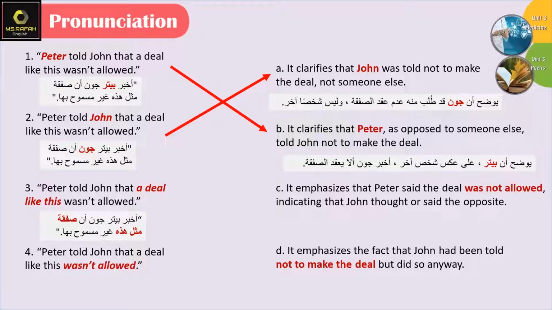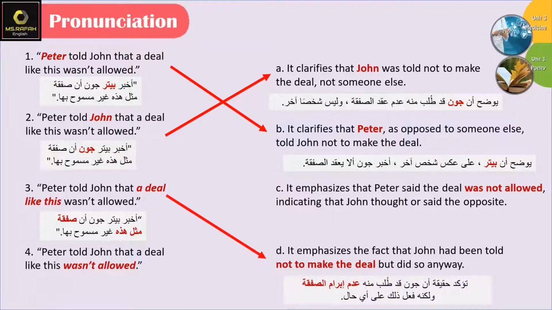Peter told John that a deal like this wasn't allowed. D. It emphasizes the fact that John had been told not to make the deal, but did so anyway.